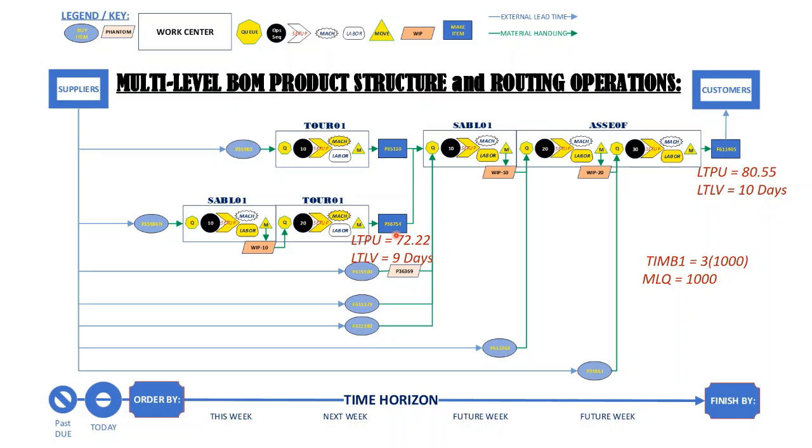Our semi-finished unit calculated out to 72.22 hours per 1,000, or 9 days. We can process this semi-finished unit in 1,000 of them a little bit quicker than we can the finished good.